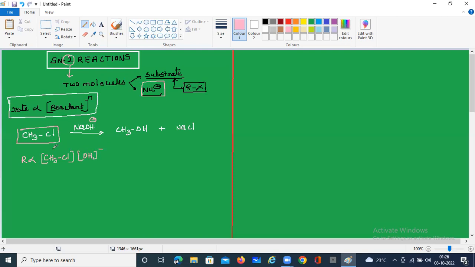So in this reaction, how many species, that is, how many molecules are going to participate, beta? This is one, this is the other.